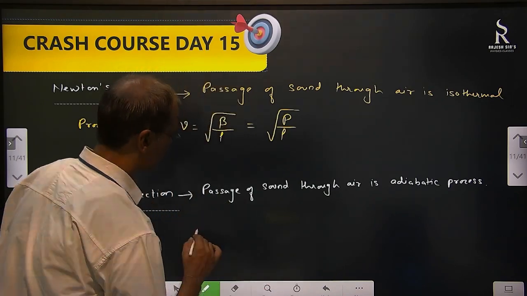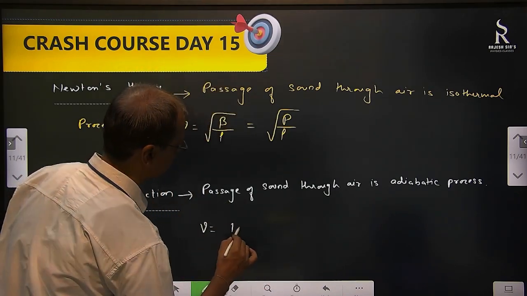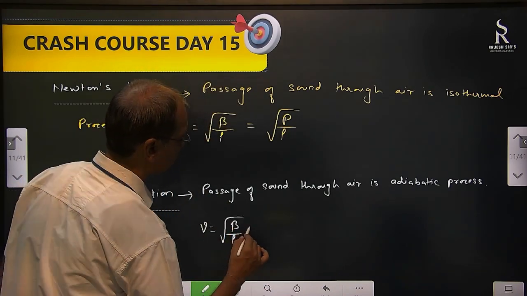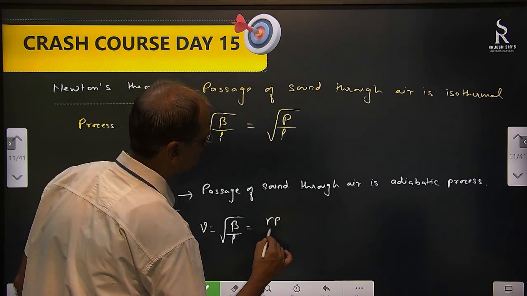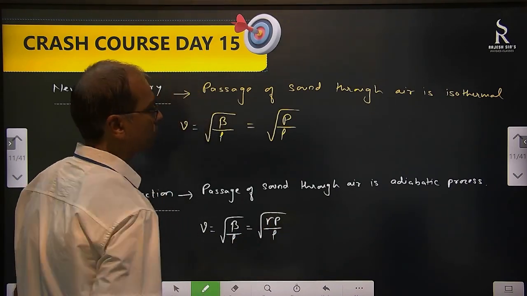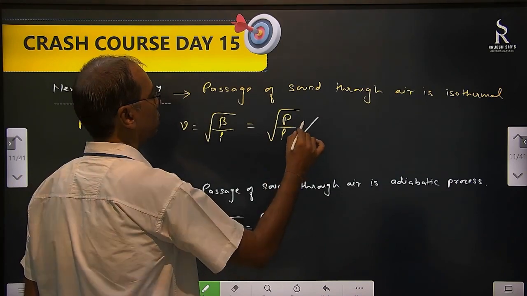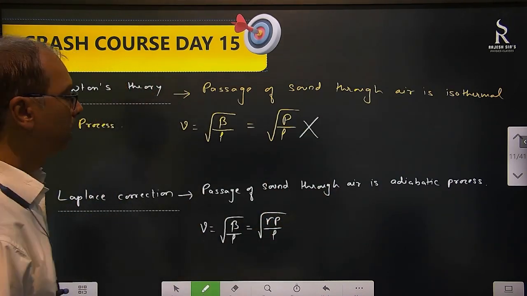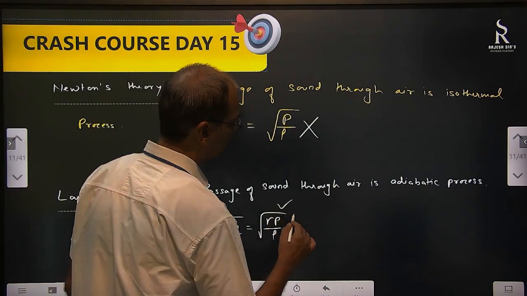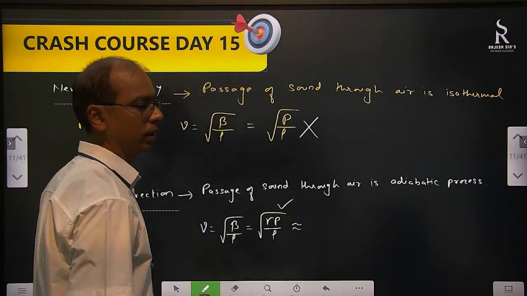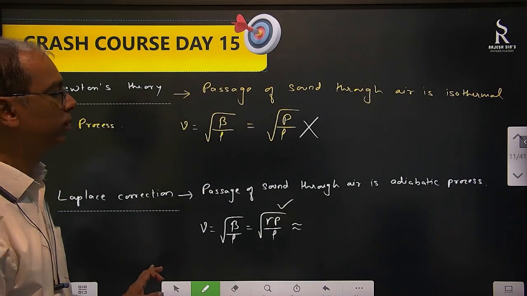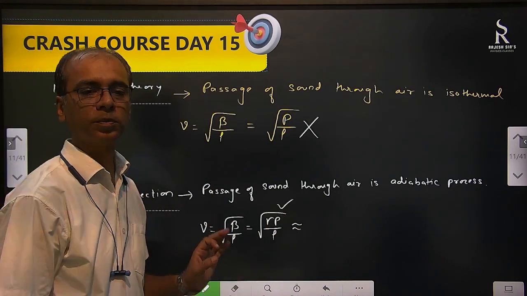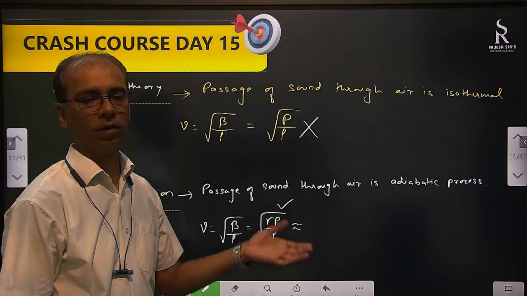Okay, so velocity is root of beta by rho, and beta is actually gamma P. So this one was rejected and this was accepted, and it gives the value exactly whatever value we measured for sound experimentally; this formula also gave the same.